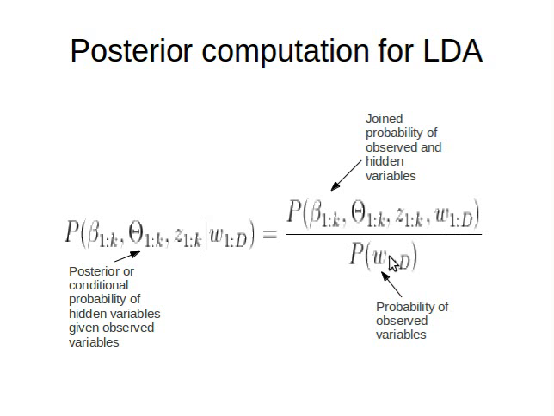And over the probability of the observed variables, which is the words from 1 to D, we get the posterior or conditional probability, given the words we observed in the bags of words, of the topics, the distribution of the topics, and the topic assignment to each word in the document.